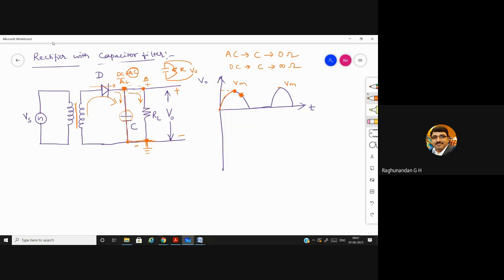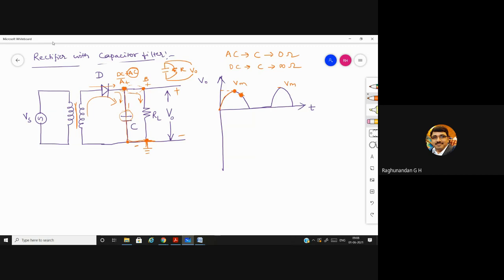Okay, now according to this discussion, we came to know that the voltage across the capacitor C is at higher potential compared to A. So will the current flow from A to C or C to A? C to A, sir. Yes, it is C to A, because the current always flows from higher potential to lower potential. This is at higher potential, this is at lower potential.